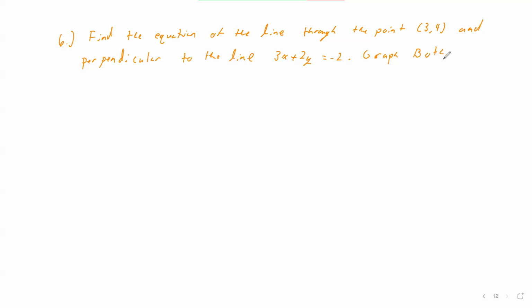All right, for starters, let's start off with the first equation and get that in the proper slope-intercept form. So I'm going to start with this guy. 3x plus 2y equals negative 2. What do I do first? Good. I want to change the sign of the x.